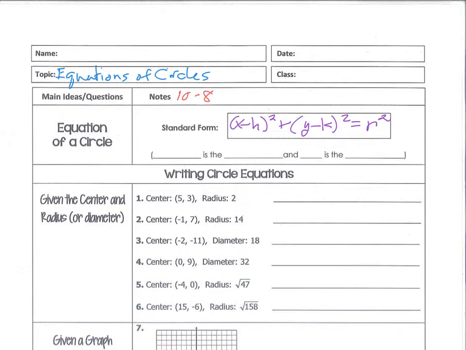So anytime you see an x squared term and a y squared term, it's highly possible it's a circle. Not always, but it's highly possible. Where (h, k) is the center of the circle and r is the radius.